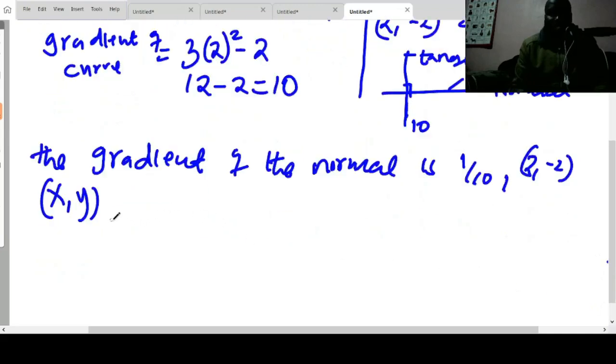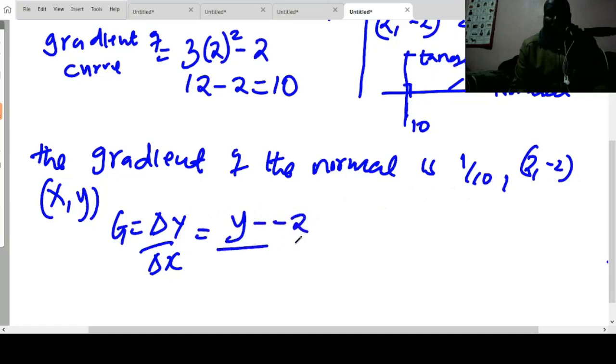We know that the gradient is equal to change in y over change in x. We have 2 points, we have (x, y) and (2, -2). So y minus -2 over x minus 2, the answer should be negative 1 over 10, which is the gradient of the normal.